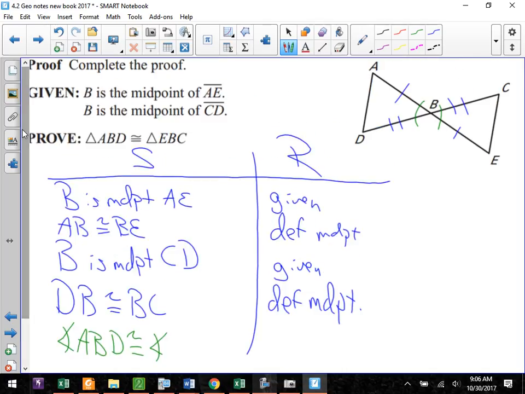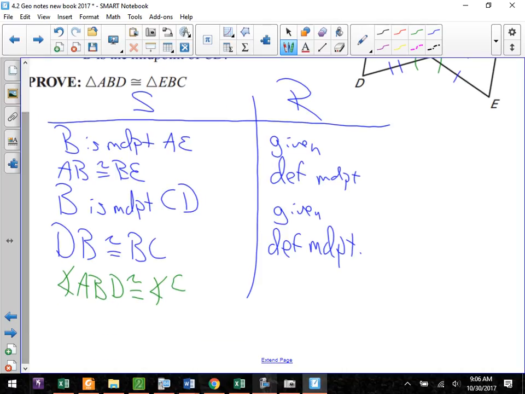I started at ABD, it has to be EBC. And the reason is, on your progression sheet, vertical angles are congruent. That's what it says on the sheet. Vertical angles congruent.